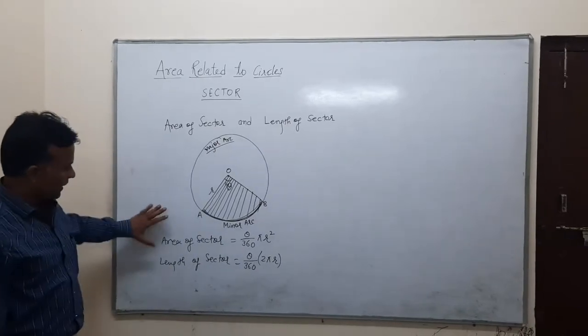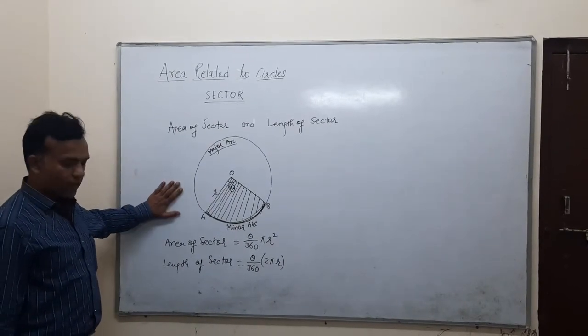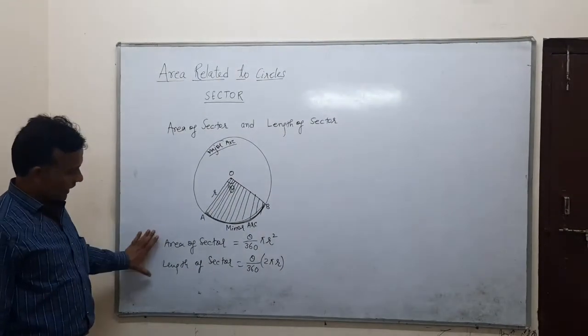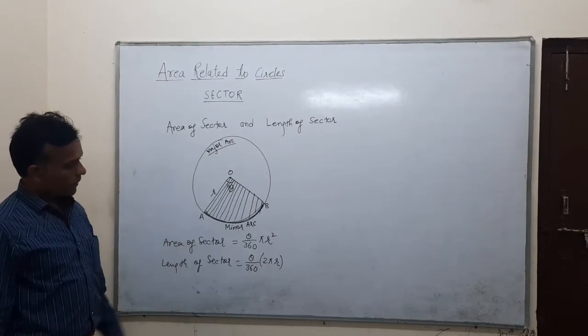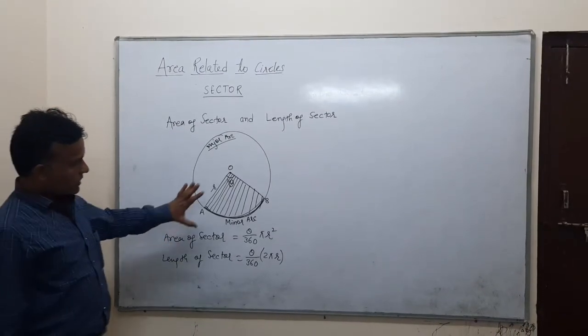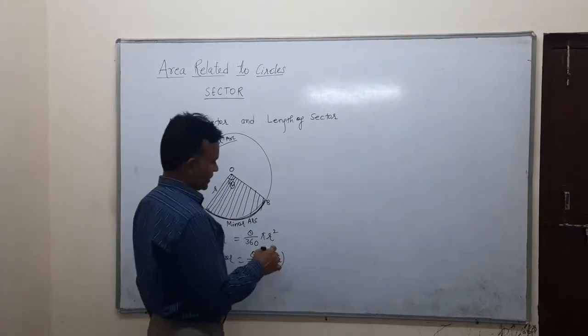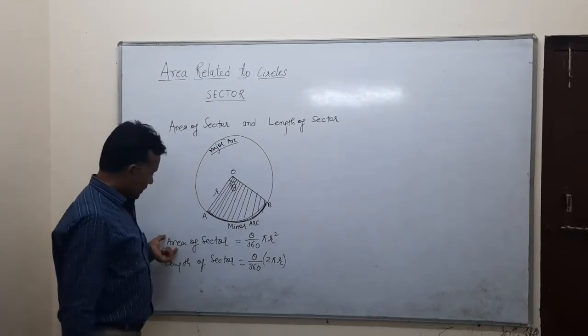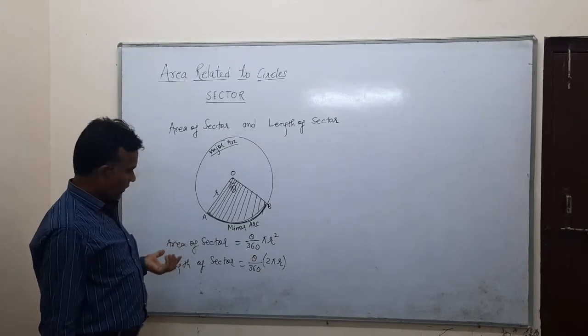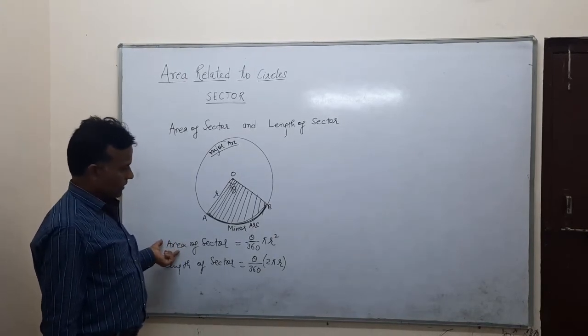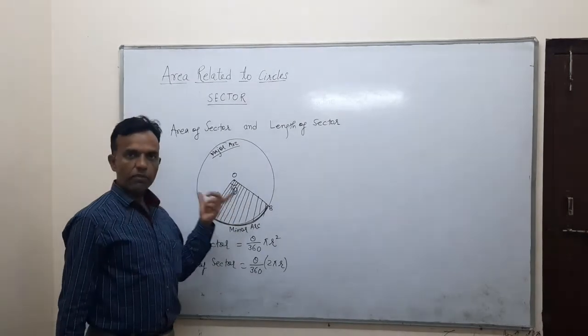Okay, so there are two formulas we discuss now. Area of sector is the first formula, and length of sector is theta upon 360 into 2 pi r. Now again we divide into major and minor, so revise it. For area of sector, there are two divisions: minor sector and major sector.